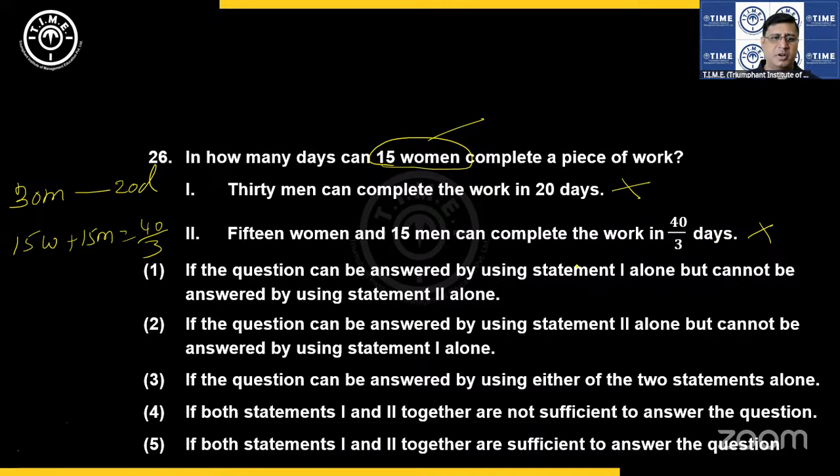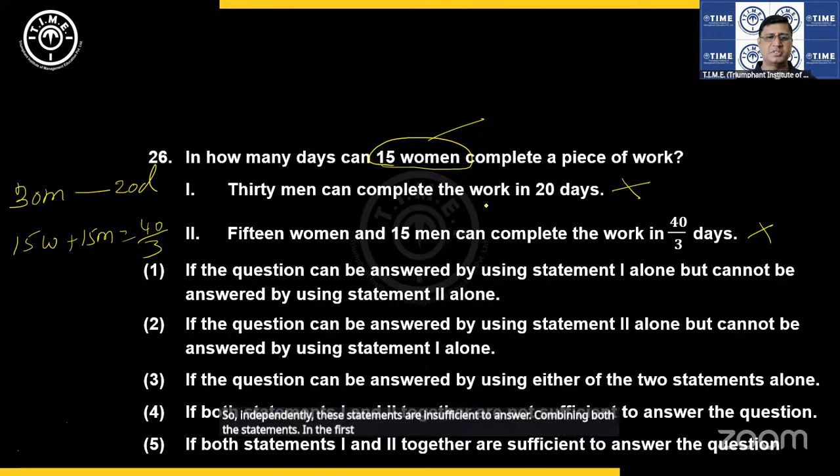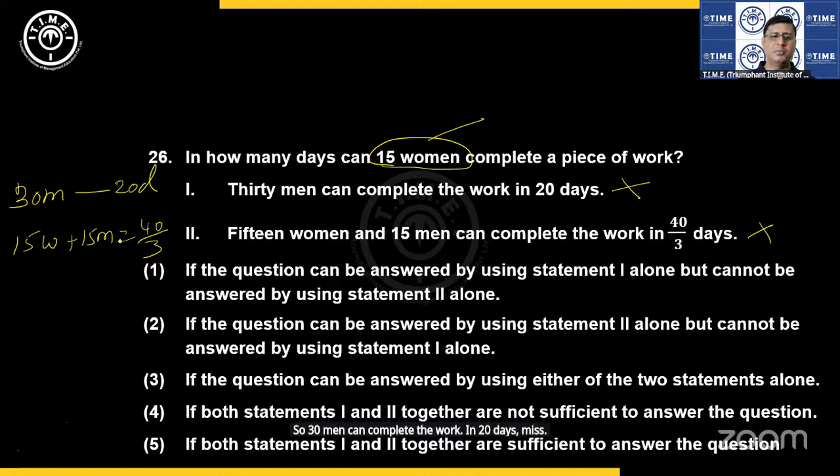Combining both the statements. In the first statement, the capacity of the men is given. So 30 men can complete the work in 20 days means 15 men can complete the work in how many days? Fine. By using the data given in statement 1 and statement 2, we can answer the question.